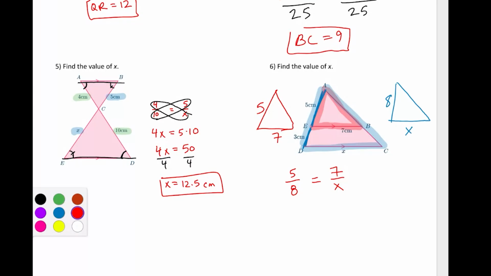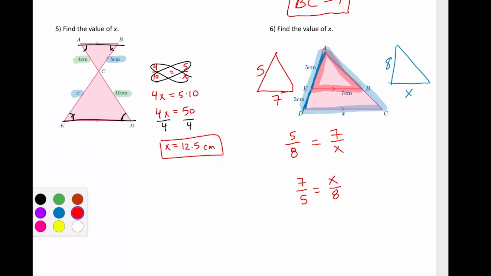By that I mean just move every number one position. Like if you're going to rotate it like a circle, you could also set it up as 7 over 5 equals x over 8, where every number is sort of rotated 90 degrees. You could also set it up as x over 7 equals 8 over 5.